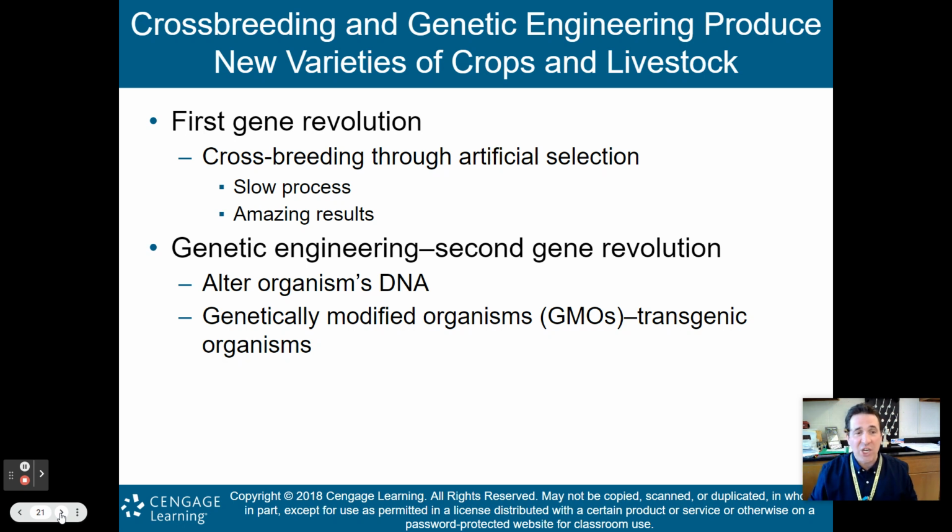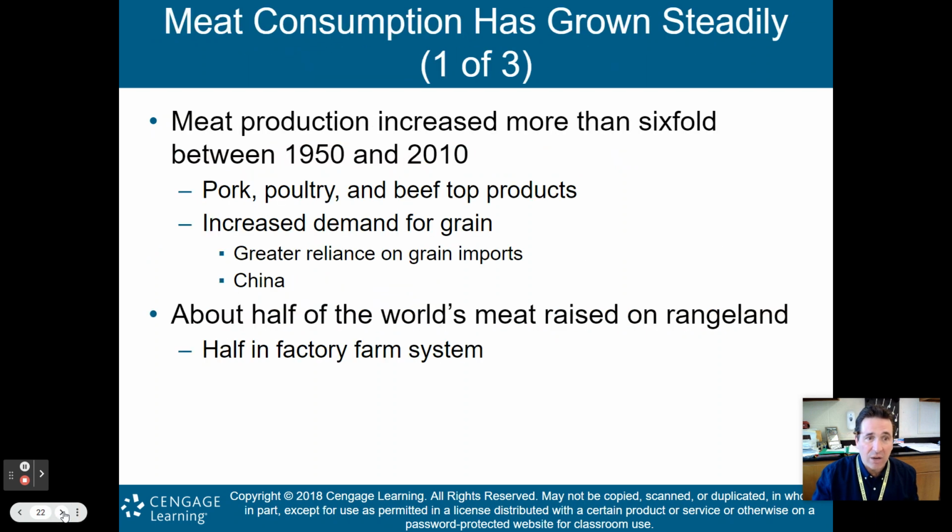So the first gene revolution was a little more natural. In the second one, we're actually putting in and pulling out DNA from the cells of these organisms. That's basically the difference between the first type of gene revolution and the second gene revolution that we are dealing with now.